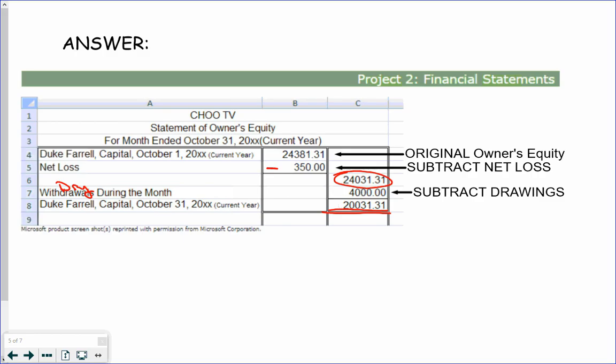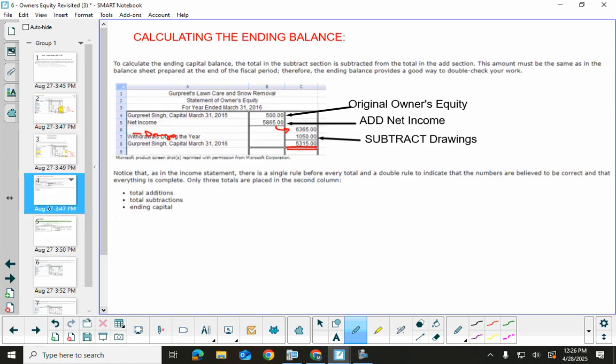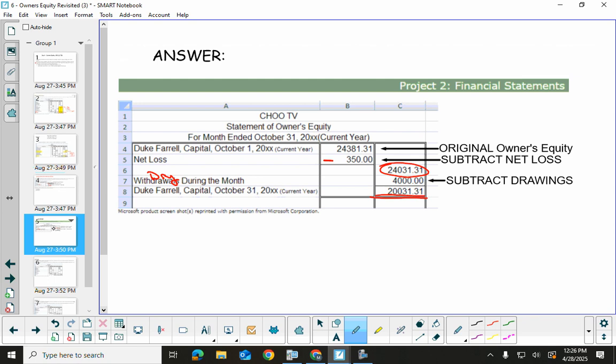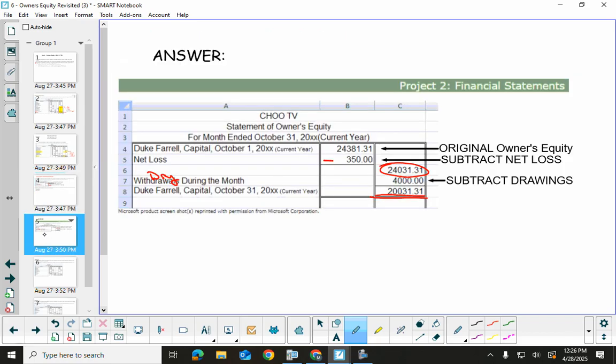If you compare this answer, I'm just going to scroll this one down. Notice you start in the first column, you start in the first column. Here they added in the net income and put the answer in the second column. Here you minused off the net loss and put the answer in the second column.